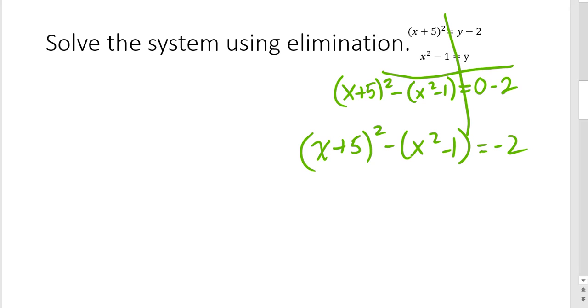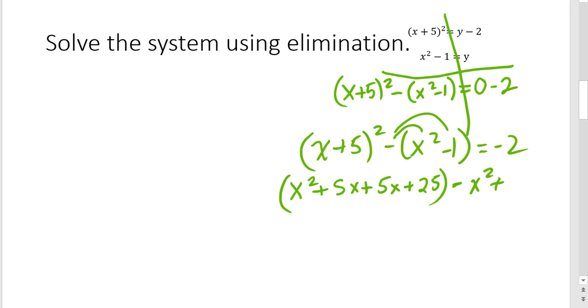And the way I'd solve that is I would distribute. You can use FOIL or the moon method, whatever method you like. And then over here, I'm going to make sure I distribute the minus to both terms too.